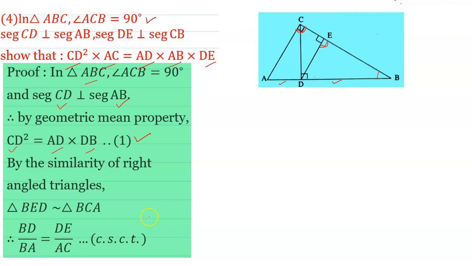And therefore their corresponding sides are in proportion. Which sides do we take? BD upon BA is equal to DE upon AC. I will repeat it again: BD upon BA is equal to DE upon AC, corresponding sides of the similar triangles.